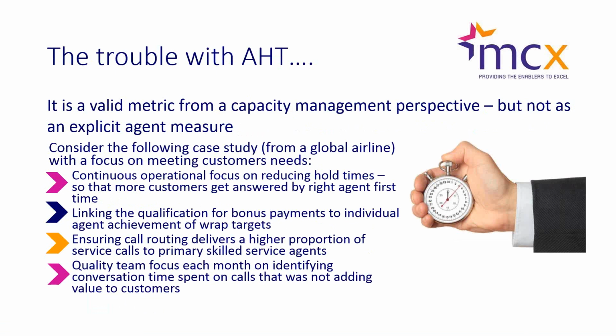It's been a topic of debate within the industry in terms of the pros and cons of AHT. What I would say is that it definitely has a role to play, particularly if you're trying to manage capacity. But I never think that it should be an explicit agent measure. I don't think that you should be telling an agent, I want you to have a less than 280-second AHT. I think that's almost meaningless.